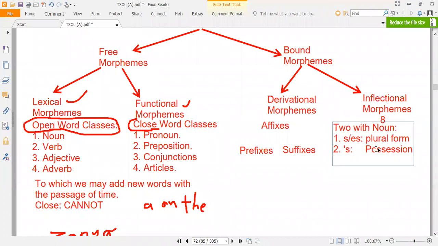Okay, there are 8 inflection morphemes in English language, right?